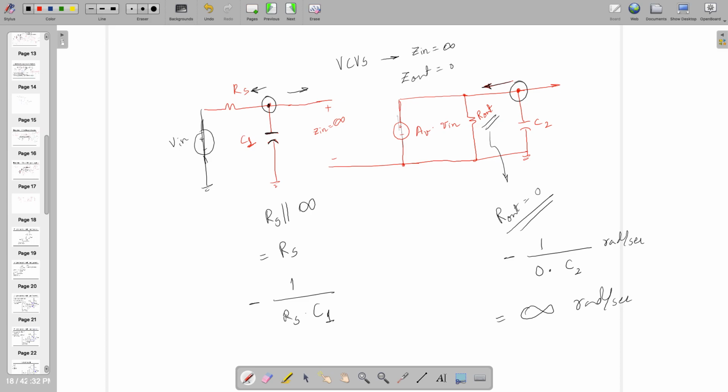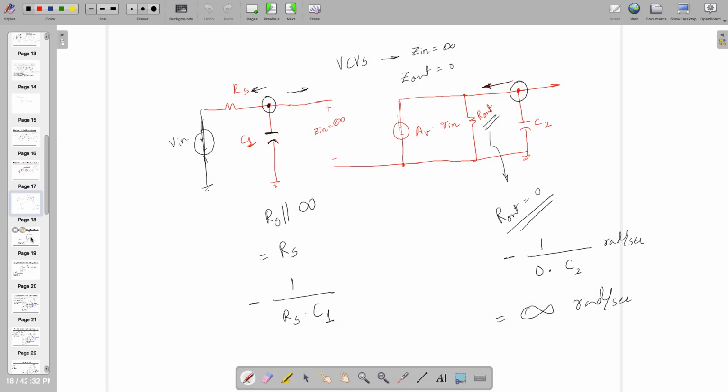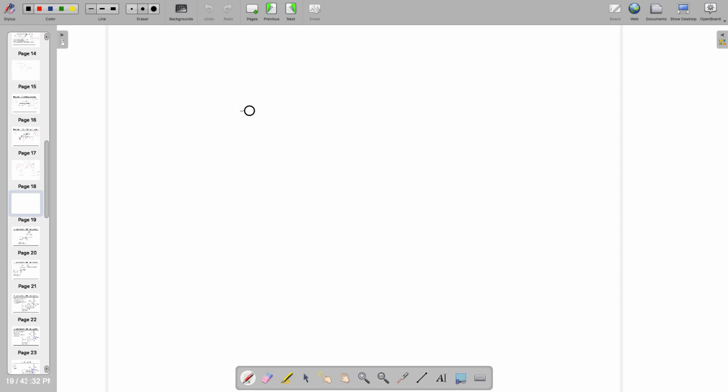But what if this AV is equal to infinity? This is also an interesting thing, where you have resistance minus AV, and this is V out and this is V in.